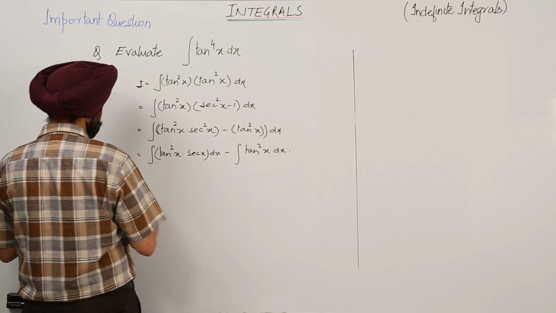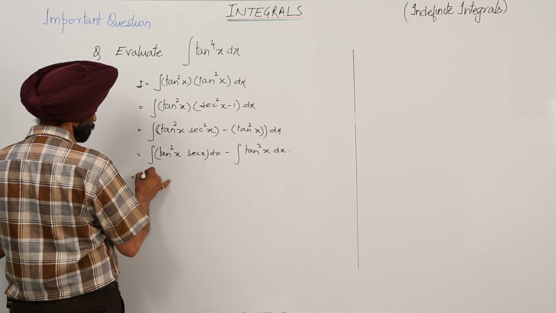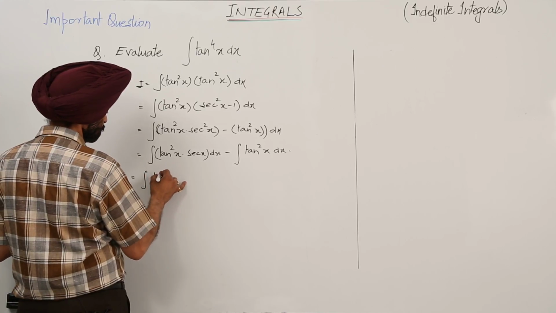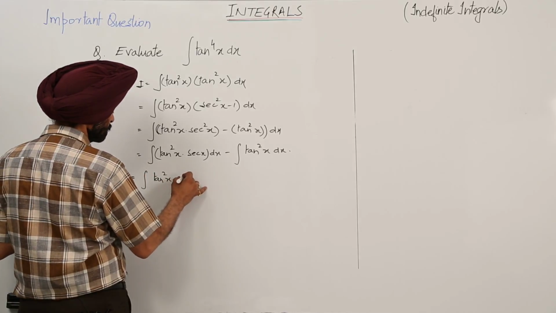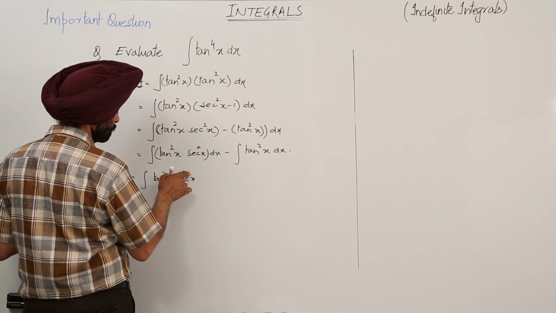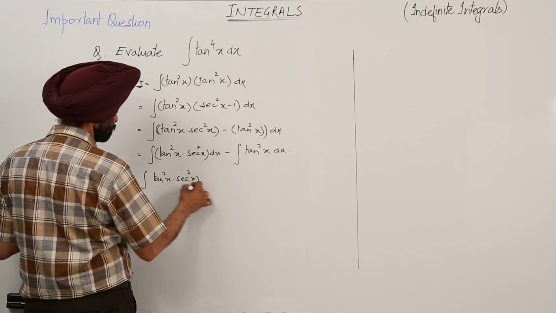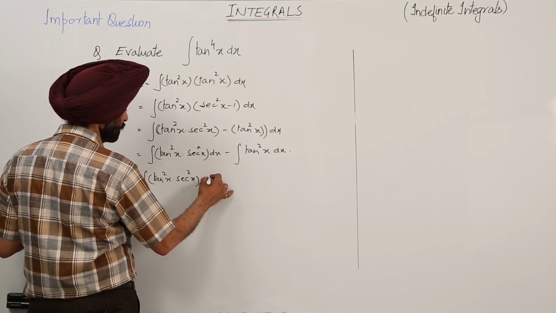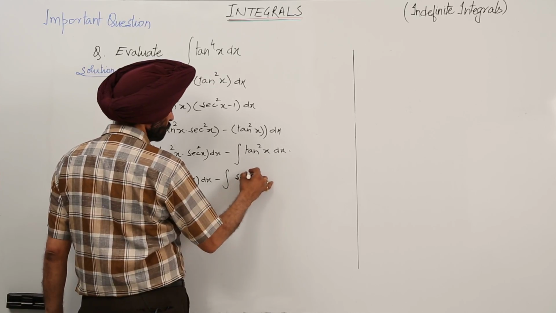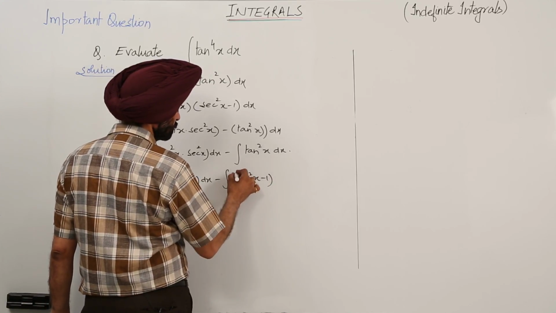Now we are having integration of tan square x secant square x dx minus integration of secant square x minus 1 dx.